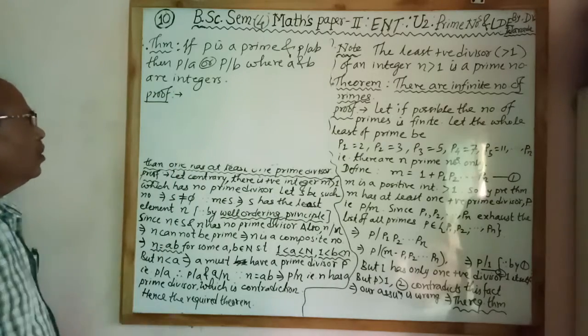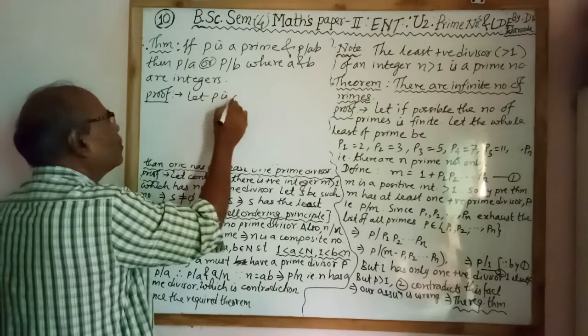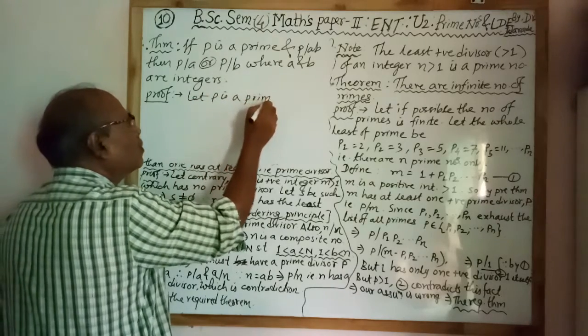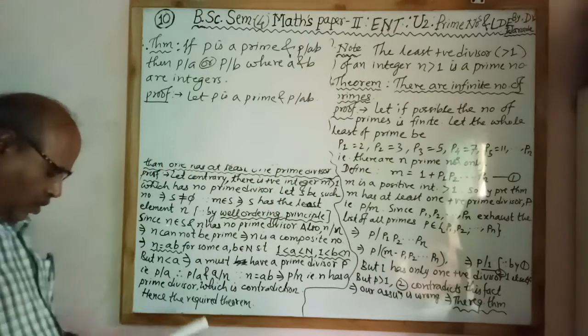Proof: let p be a prime and p divides ab. That is the given part in the theorem.